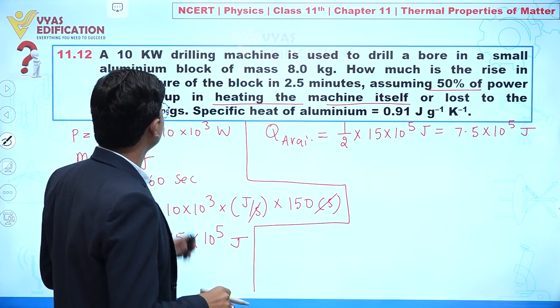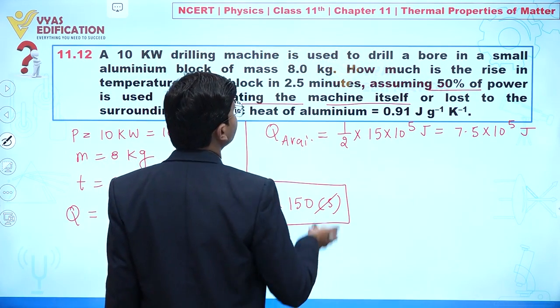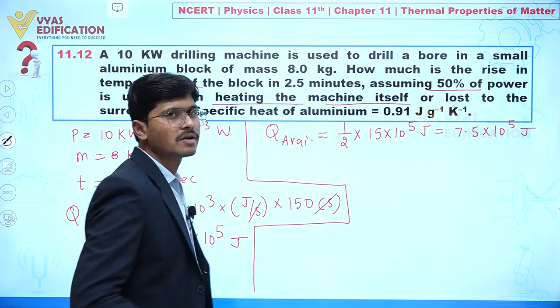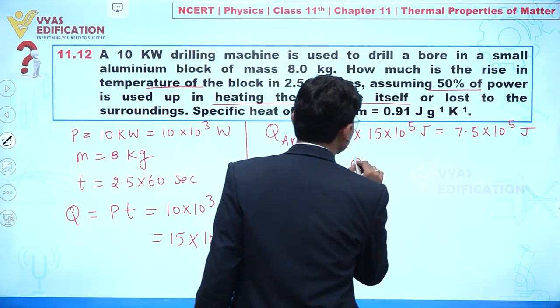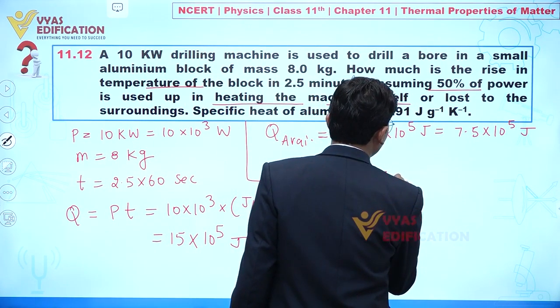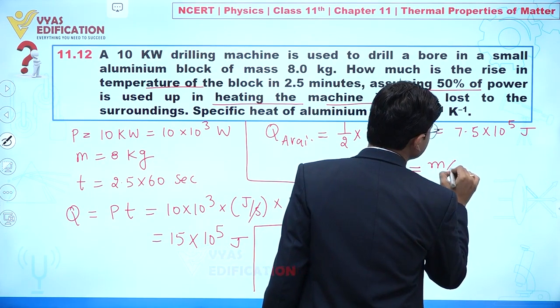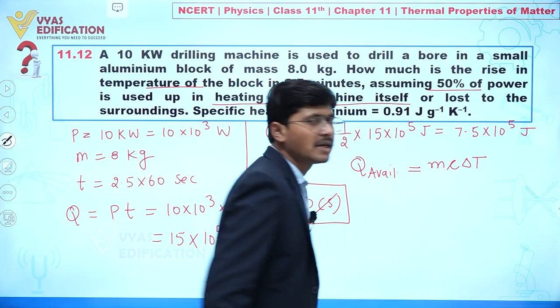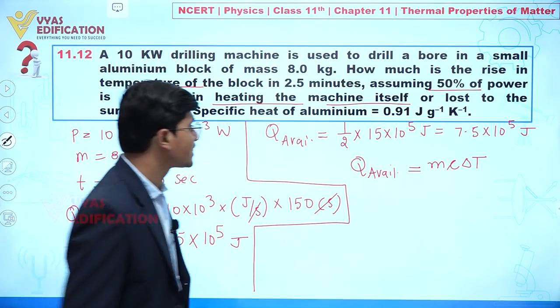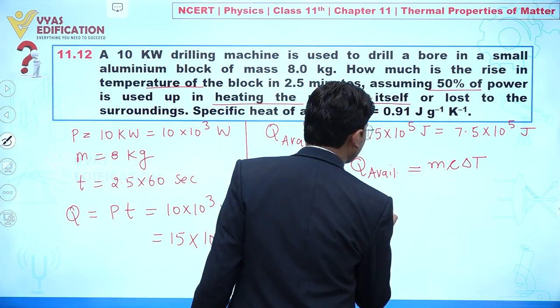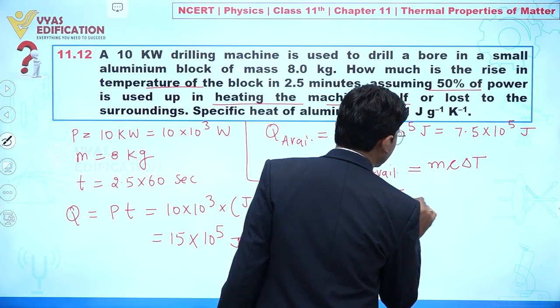Now our objective in this question is to find the total rise in temperature of the block. It means Q available should be equal to mc delta T. Now keep in mind the conversion of units. This value is given 7.5 into 10 to the power 5 in joule.